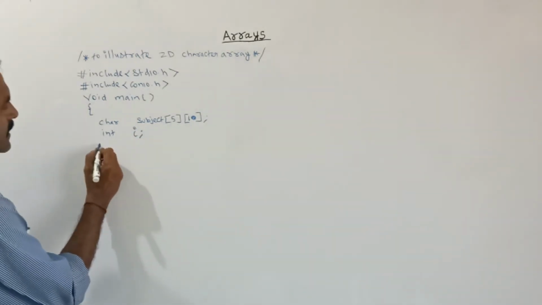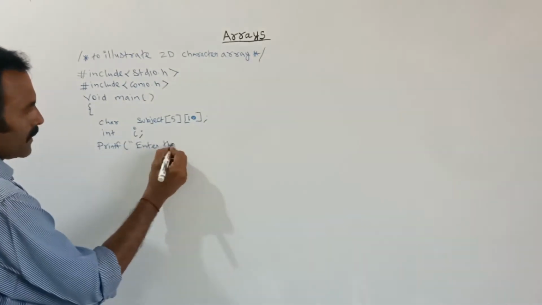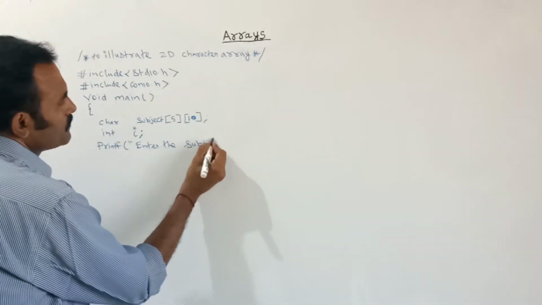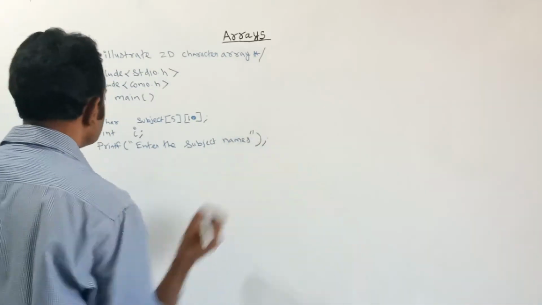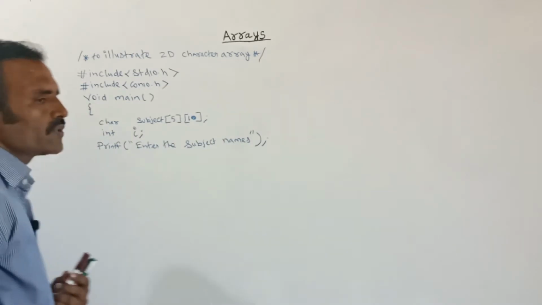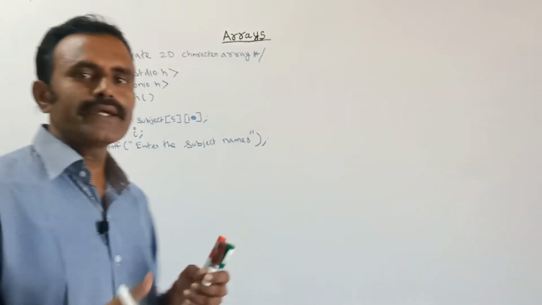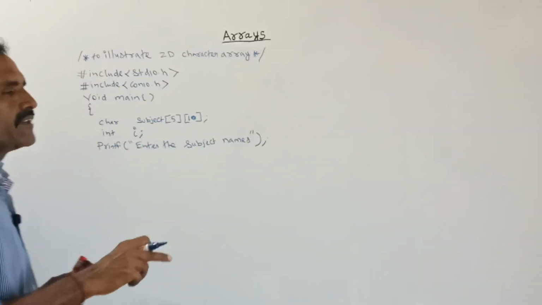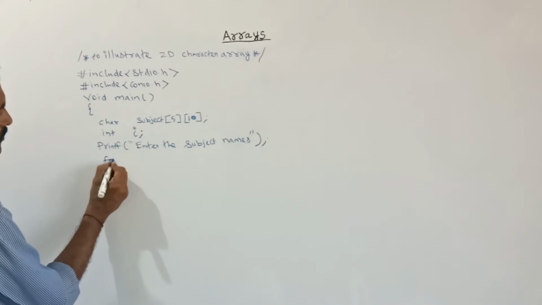See, next here I need to store the 5 subjects. So by help of the loop I can store more than one string value to the variable. So here I am using the for loop.